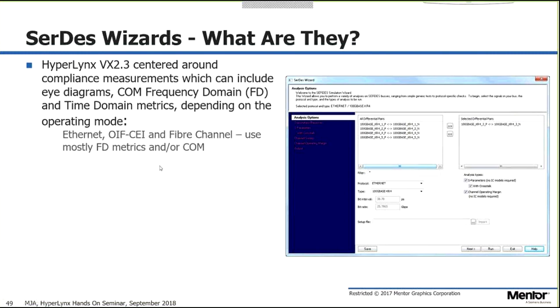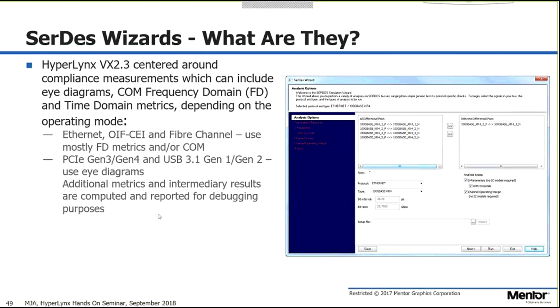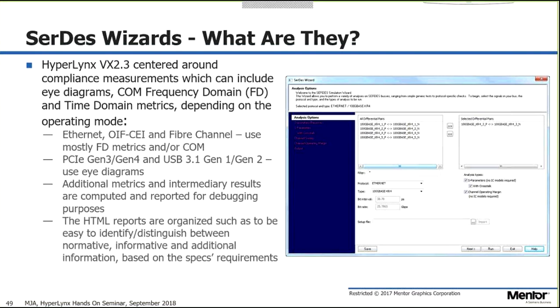And these are the types of interconnects we can work with: Ethernet, Fiber Channel, PCIe, USB. We're adding to this list, so it's going to get larger and larger. And then we get a nice report back telling us how things worked out, whether it's going to do what we needed to do or not.